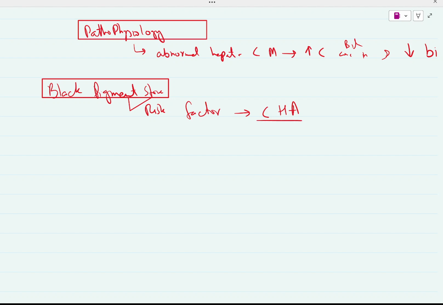When there is hemolysis of RBCs, there will be more formation of bilirubin. Bilirubin and biliverdin are pigmented compounds. If there is accumulation of this bilirubin in bile, it leads to formation of pigmented stones. Next thing is a patient having alcoholic cirrhosis.